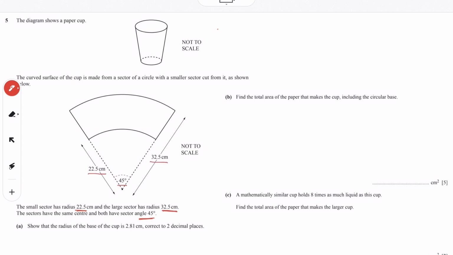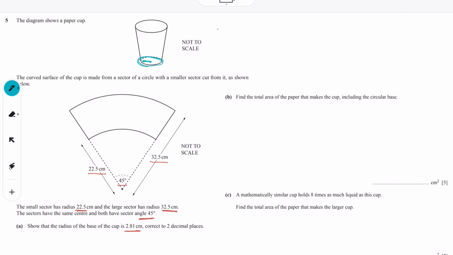Okay, for part A, show that the radius of the base of the cup is 2.81 centimetres, correct to 2 decimal places. We're trying to establish whether this distance here is 2.81 centimetres. In order to find out what that radius is, we need to find out what the circumference is here.